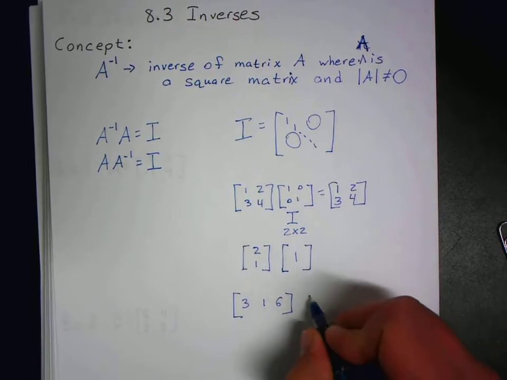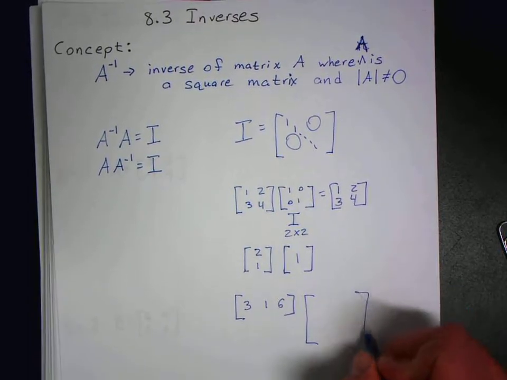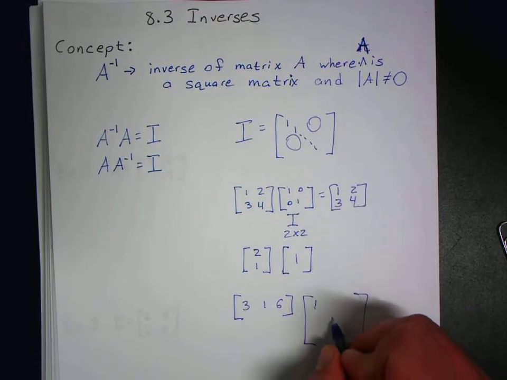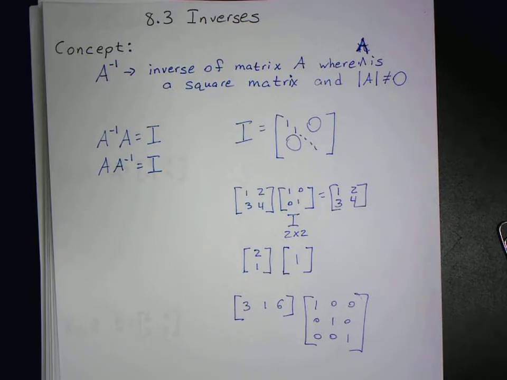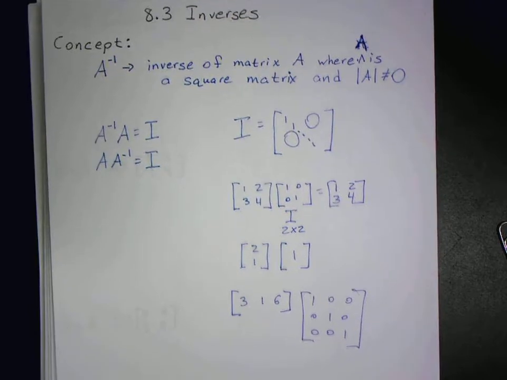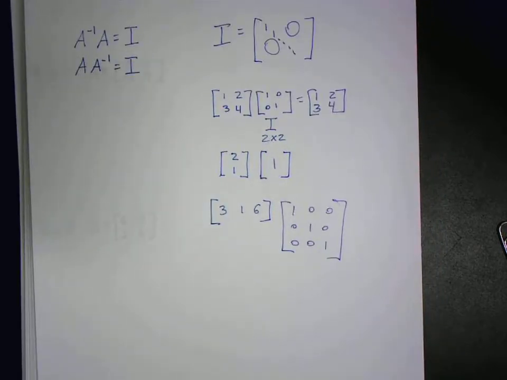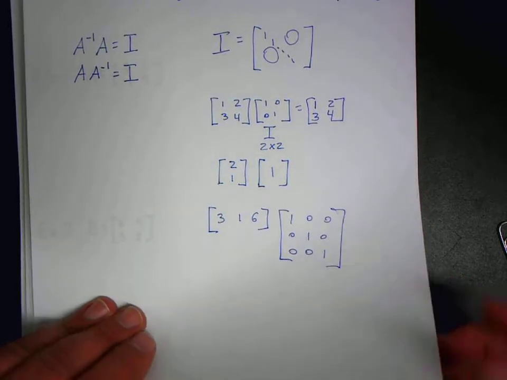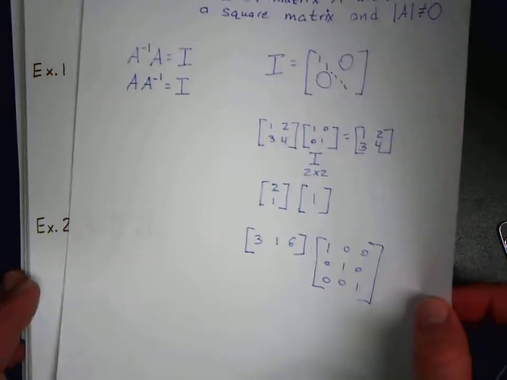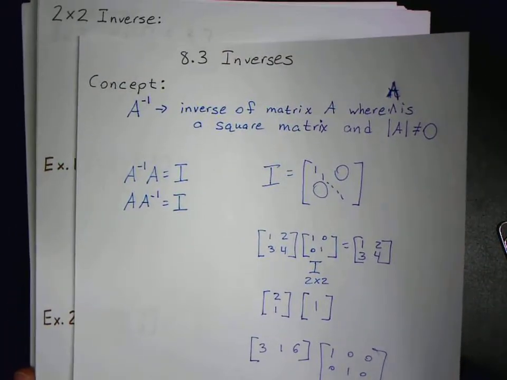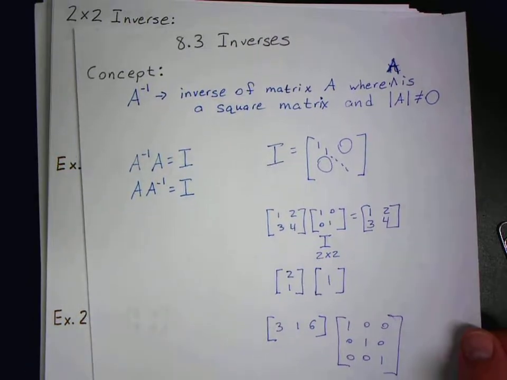If I had a matrix like this, the appropriate sized I would be a 3 by 3. Whatever works as far as the multiplication goes. Okay, so that's kind of the concept behind the inverse.